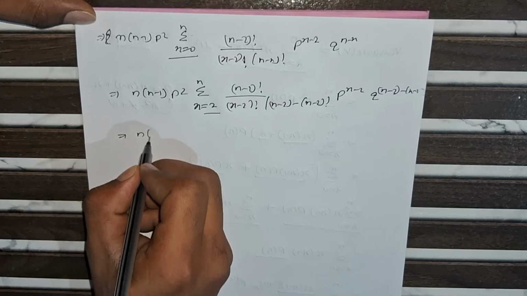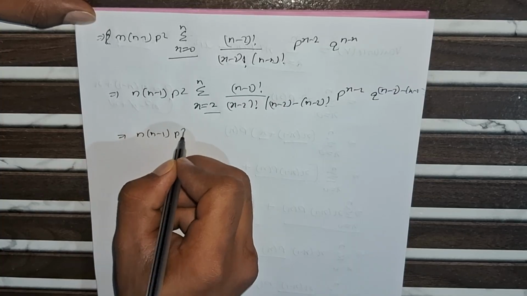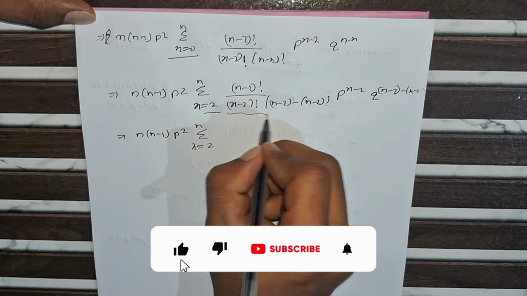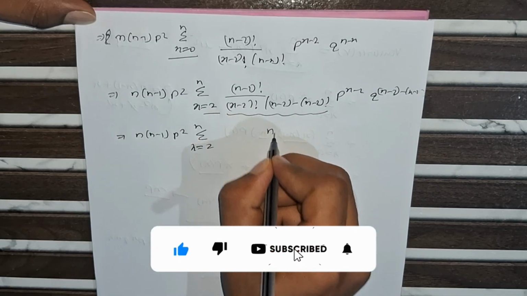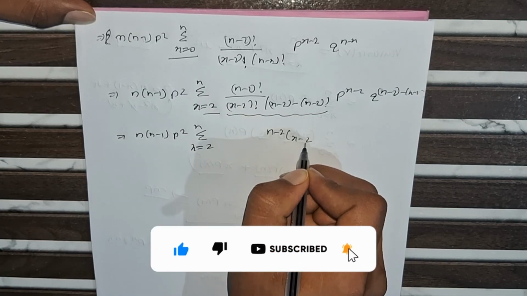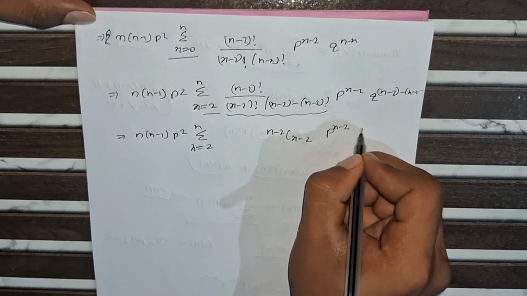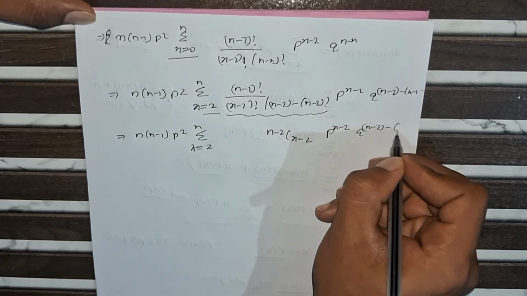So n into n minus 1 p square, summation of x equals 2 to n. This is nothing but the formula of n minus 2 C x minus 2, and then the remaining is p of x minus 2, q of n minus 2 minus x minus 2.